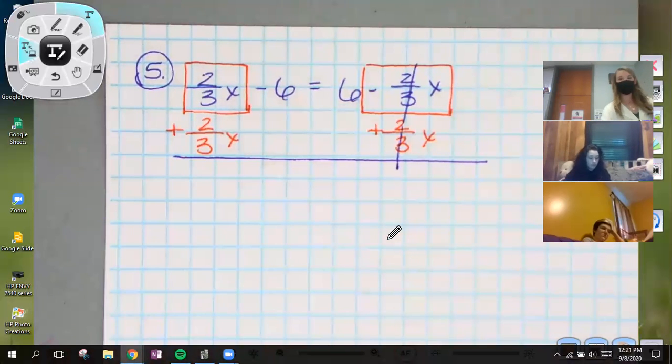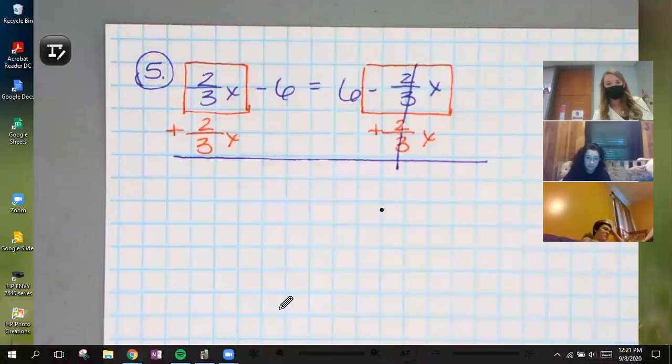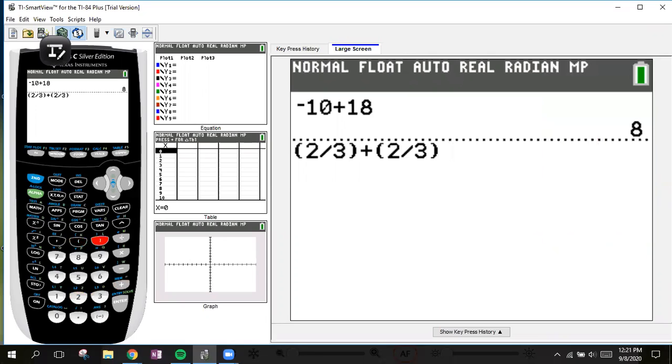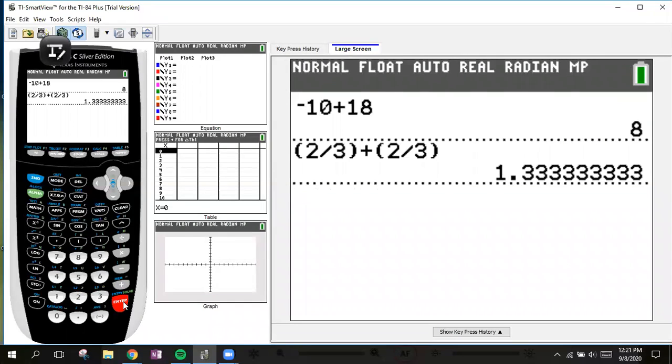We learned a really handy trick in our calculators. So I could do 2 divided by 3 plus 2 divided by 3. I'm not going to keep it as this decimal.